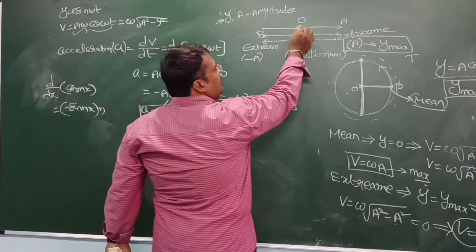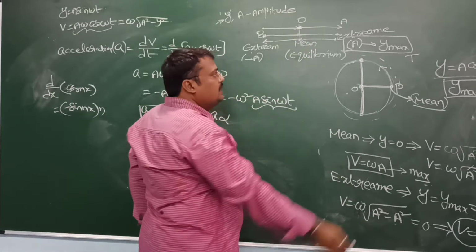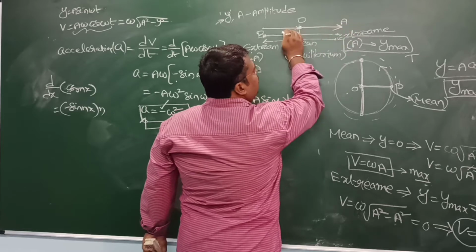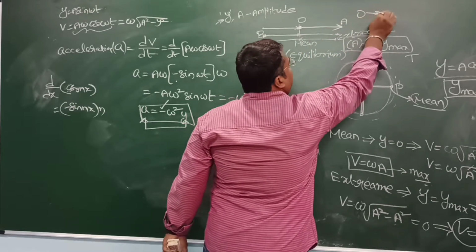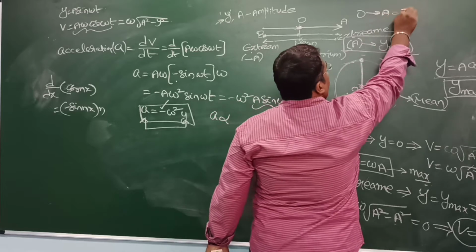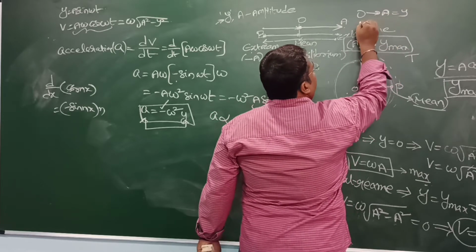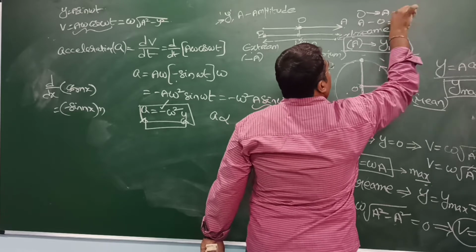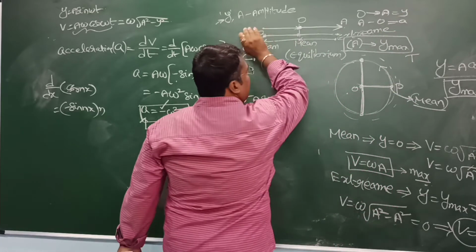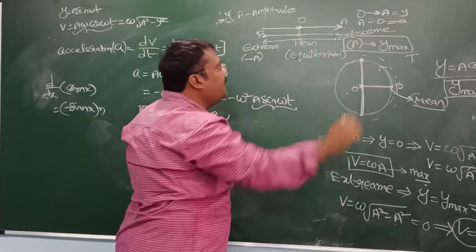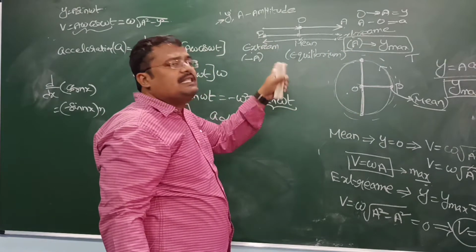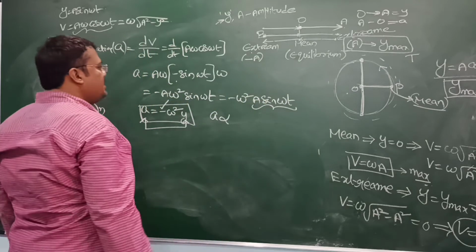Means the particle's starting position is the mean position. It will move from O to A. This is the displacement of the particle. But from A to O, the acceleration of the particle will act. Means the displacement is from O to A, but the acceleration will always act towards the mean position.